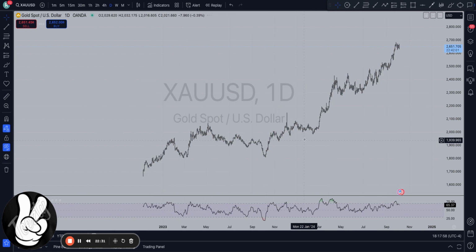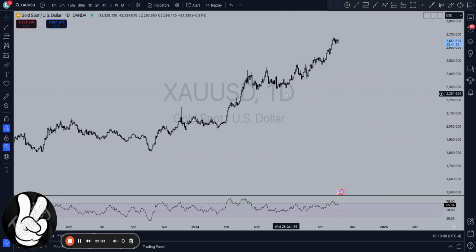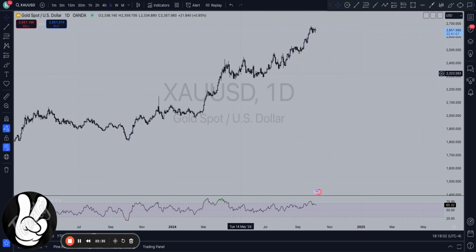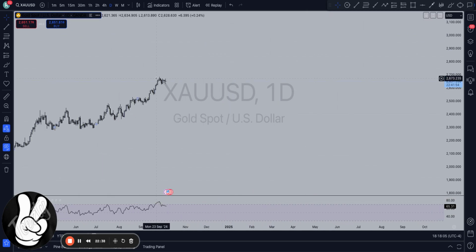On a daily, we're in consolidation right now. We had this brand new impulse move up, but never got a retest of this area right here. So we got to keep that in the back of our heads.